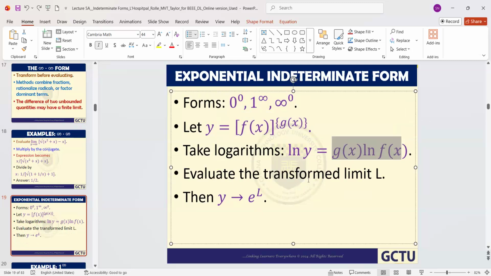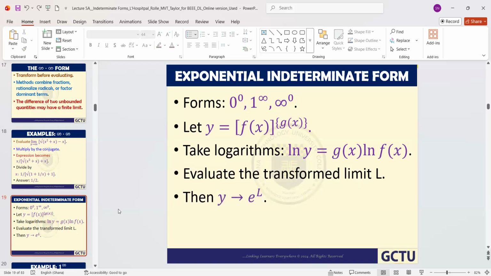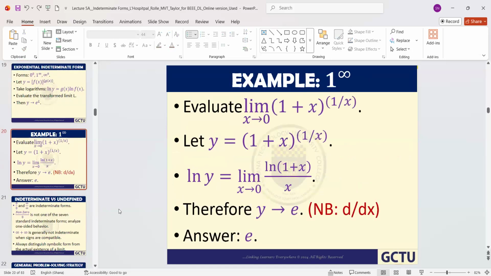When you evaluate, you realize that the transformed function will be y equal to the constant e raised to the power of the limit of the value. These are all the techniques for these types of questions.